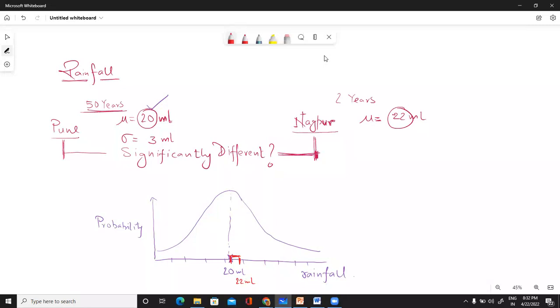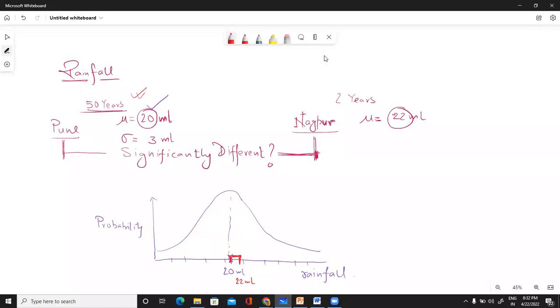This difference can happen by chance. So basically our comparison depends on to what extent the data in this reference data set varies.